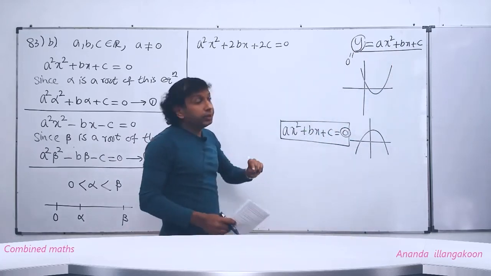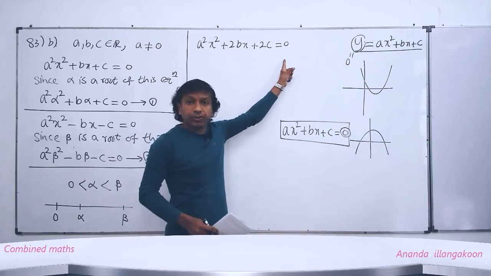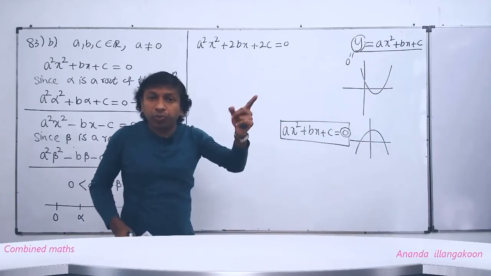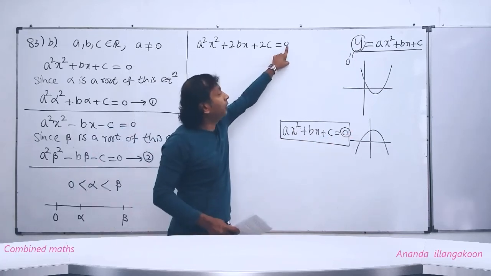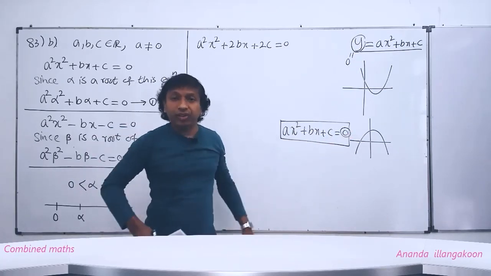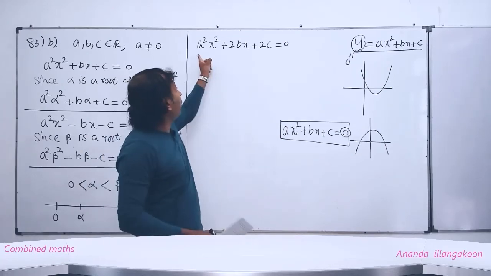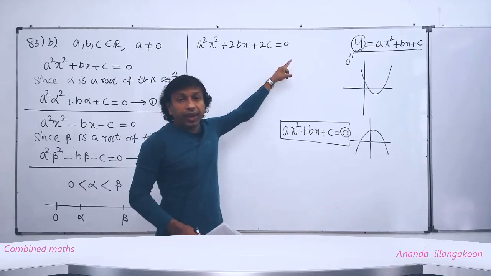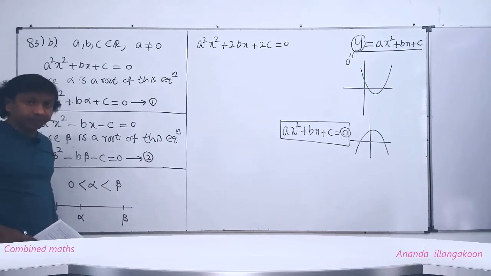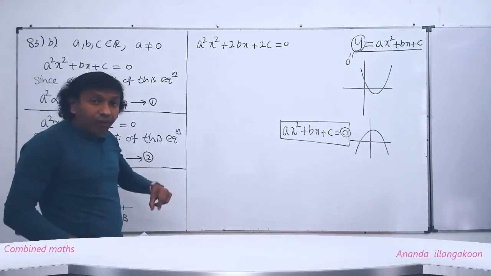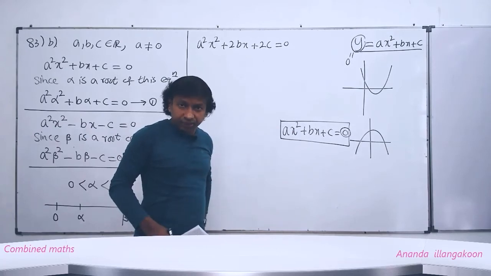Like that, this is the quadratic, what, people? Equation. Now, if I need to write the corresponding quadratic function, what I need to do is, people, for this place of 0, I have to put y. Understand? Now we need to prove for this quadratic equation has a root between alpha and beta. That's what we need to prove. Now I am going to take the corresponding quadratic function. Understand? Okay.